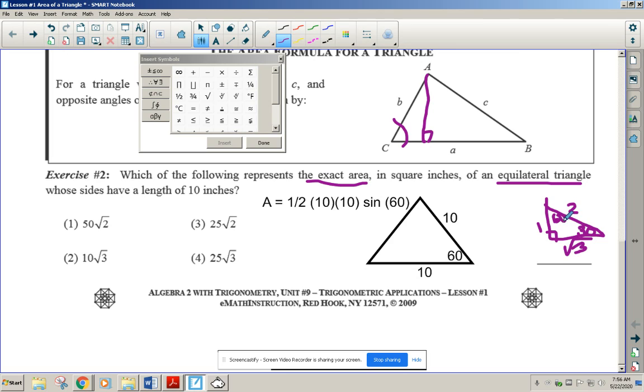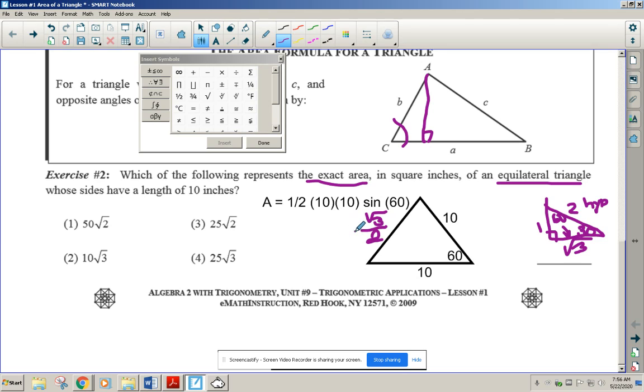The sine of 60 is opposite over hypotenuse. So the sine of 60 exact is rad 3 over 2.